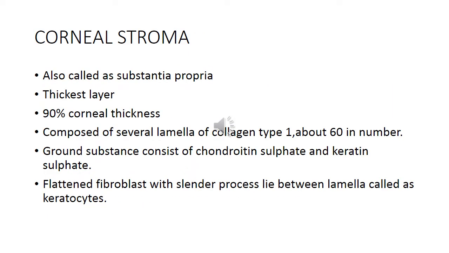Now, the corneal stroma, also called substantia propria, is the thickest layer and constitutes about 90% of the corneal thickness. It consists of about 60 lamellae composed of type 1 collagen fibers, and the collagen fibers are embedded in the ground substance of proteoglycans like lumican, keratan sulfate, and chondroitin sulfate.